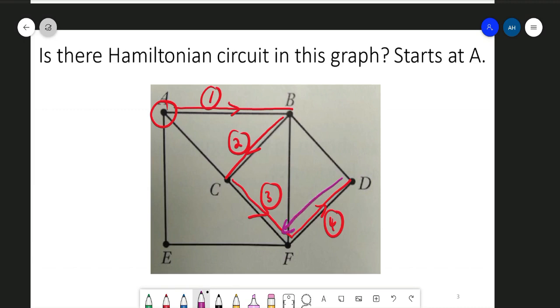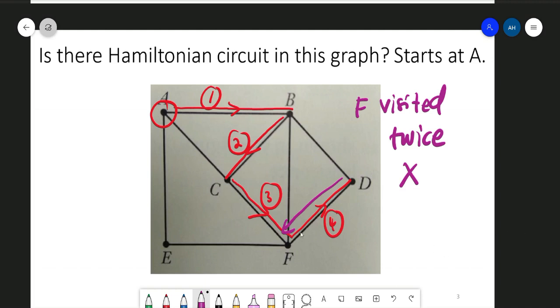But if you do that, then F has been visited twice. That cannot be done, because the definition of a Hamiltonian circuit is that we have to pass through every vertex exactly once, only one time.